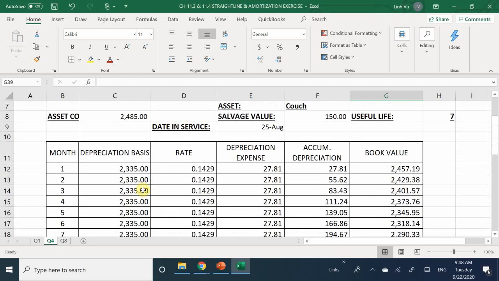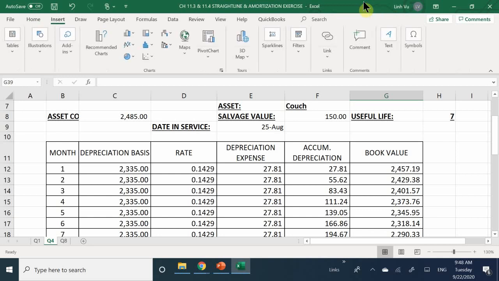So again, for the first year, we recognize this as a partial year because we placed it into service on August 25th. So we know that we need to do September, October, November, and December. You can calculate on the side, but I can guarantee you're going to get similar, if not the same answer as 111.24.